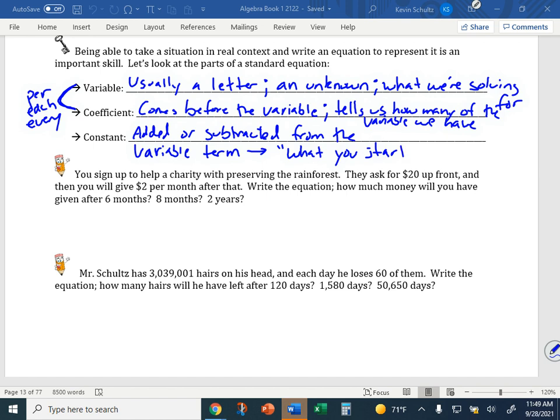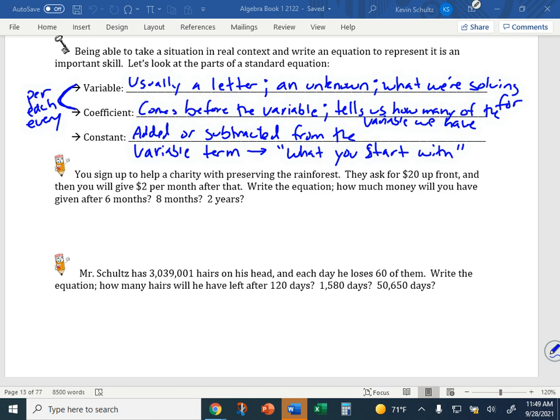When you're identifying what a constant is in an equation, it's what you start with. It's not affected by the variable. And you'll see what I mean by that when we go through these examples here. So it's added or subtracted from the variable term, and it's what you start with.